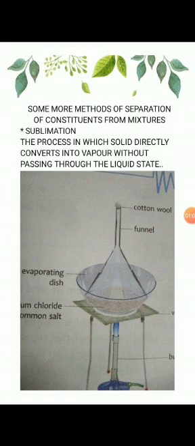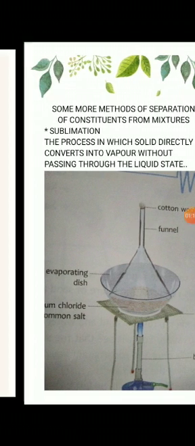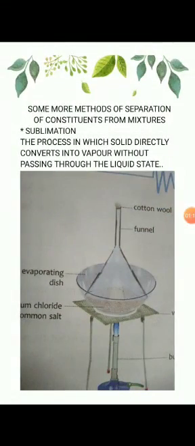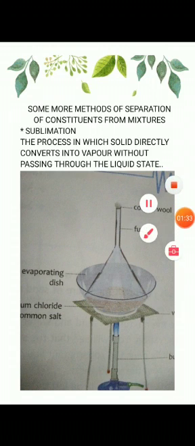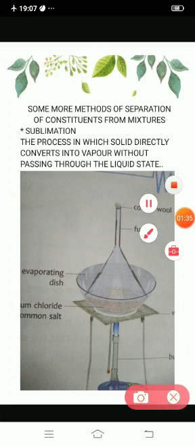Here, as you can see, we have taken a burner, a tripod stand and a wire gauze, over which an evaporating dish is kept, and a funnel. Inside the evaporating dish, a mixture of ammonium chloride and common salt is kept.